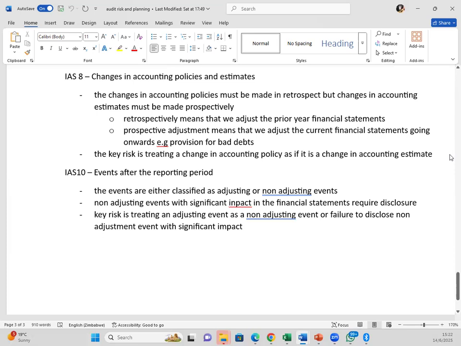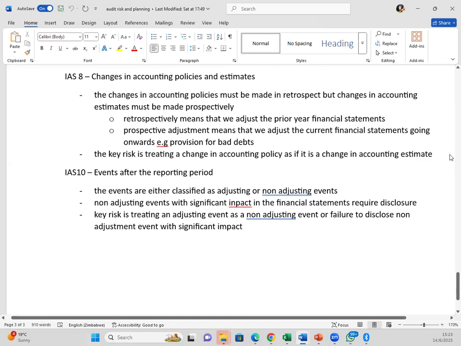An event can be discovered after the financial year which has not yet been adjusted, because the auditors are going to audit after the year end. During the audit period, if there is an event showing that should have been recorded last year, say the auditors have started auditing and it's now 10 January, they realize that there was an error made in the financial statements which they are auditing.